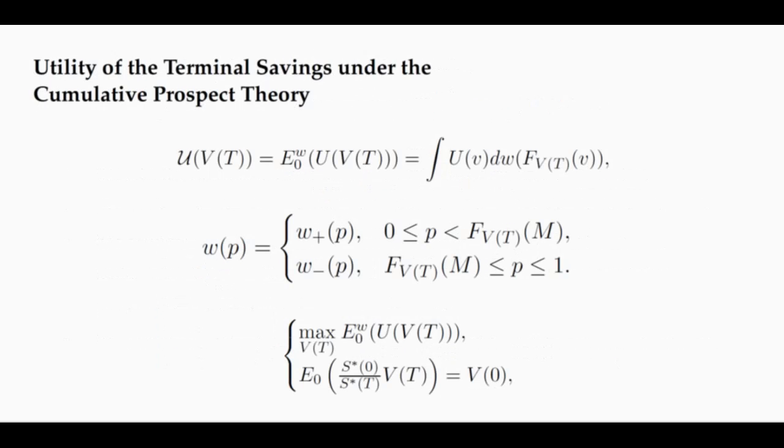And the optimal investment problem is formulated as to find the optimal terminal wealth that maximizes this distorted expected utility and the budget constraint specified by the real-world pricing formula.